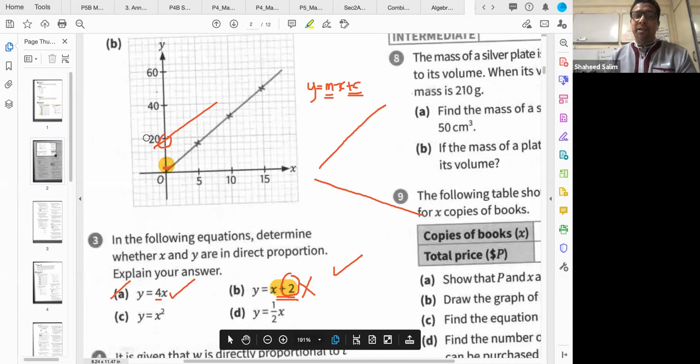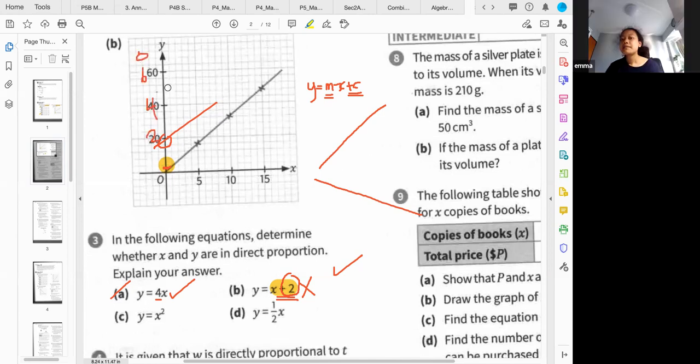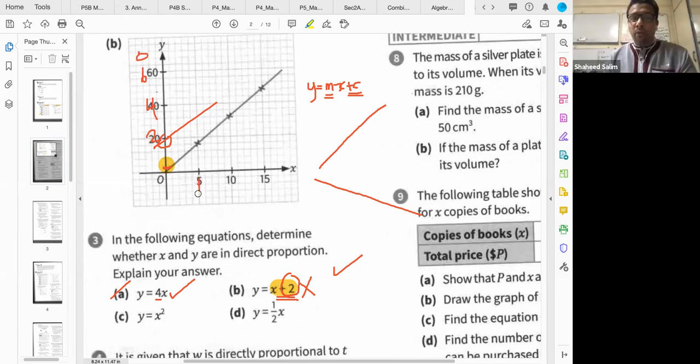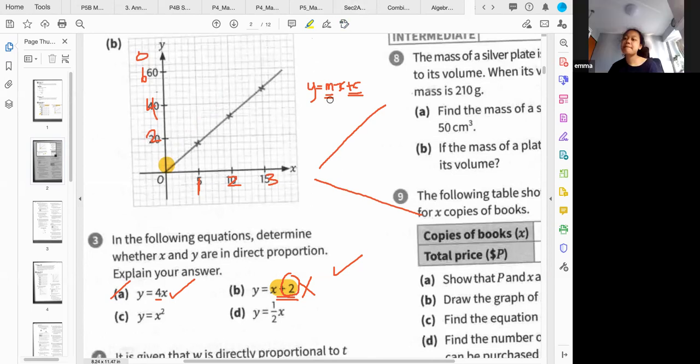Okay, imagine this is 2, 4, 6, 8. Means this one is 1. 1, 2, 3. Imagine. I'm now going to use this and then drop this one. So what does it mean? It means this graph is very... I use another color.